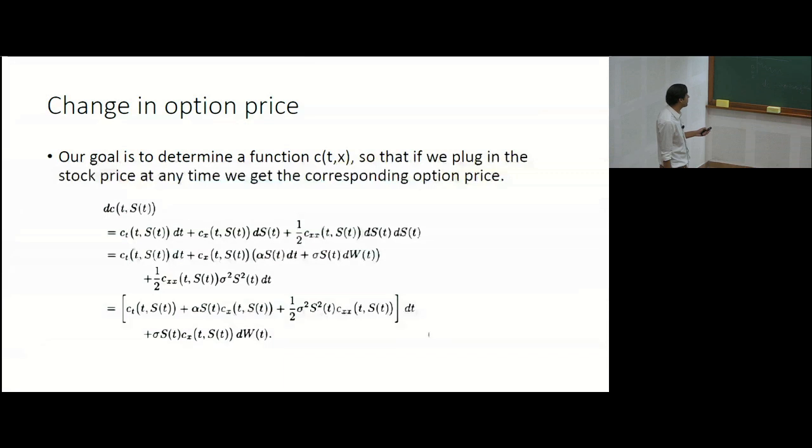Okay, so what we wanted to do was compare the change in the option price here and here. If they are the same at any point of time, so if dC is equal to dX, then you can say that this X is perfectly hedging C, right?